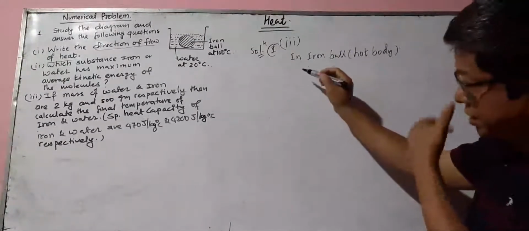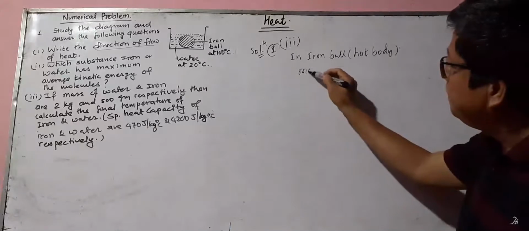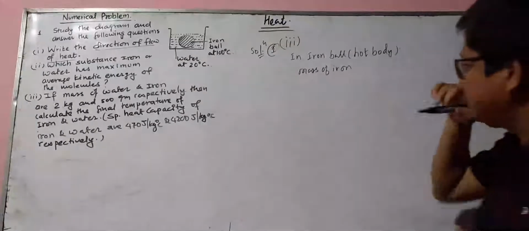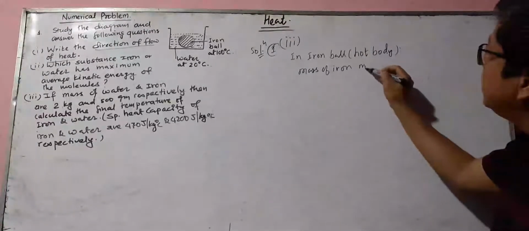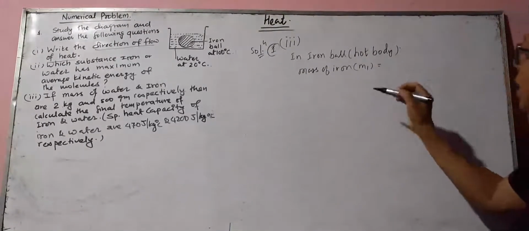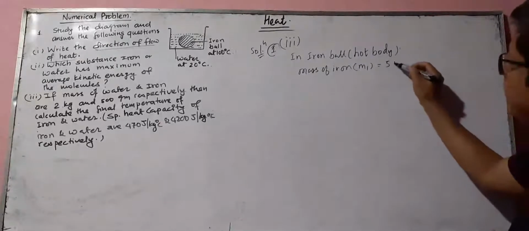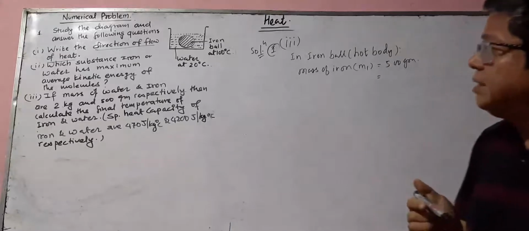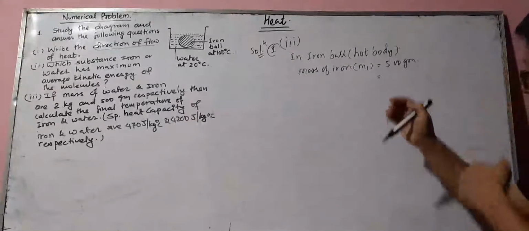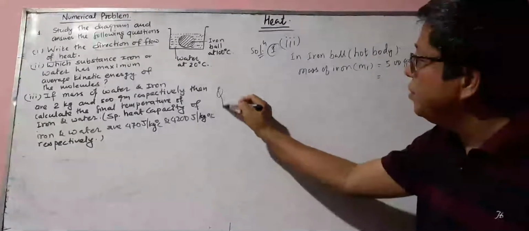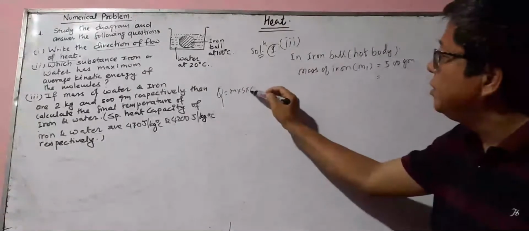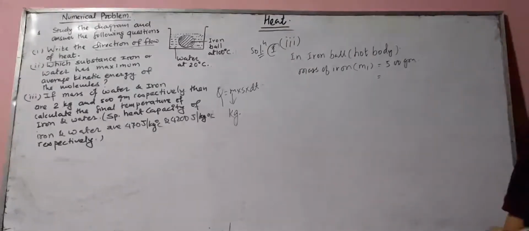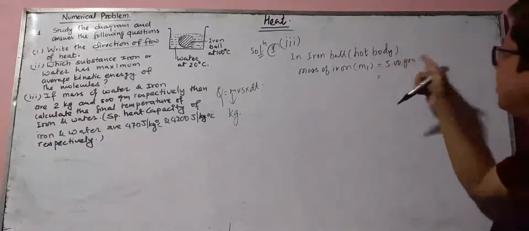Let the mass of iron be M1, and how much is that? 500 gram. So always the mass is measured in kilogram in heat equations. We know that Q equal to M into S into dt, and this is always measured in kilogram. So we have to convert this 500 gram into kilogram.